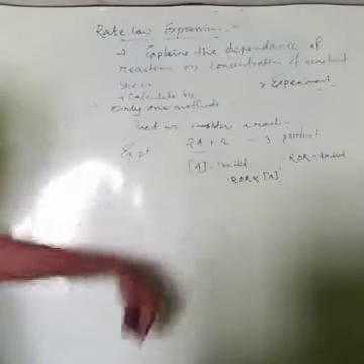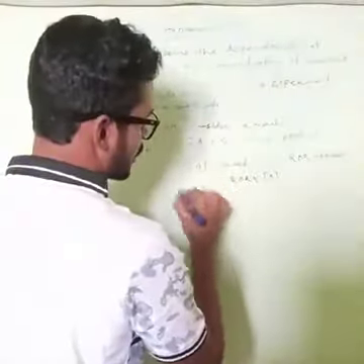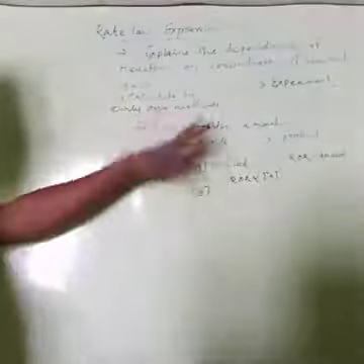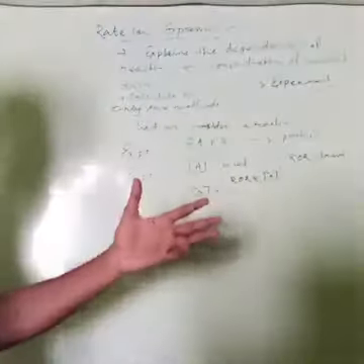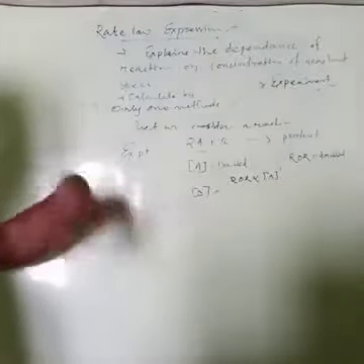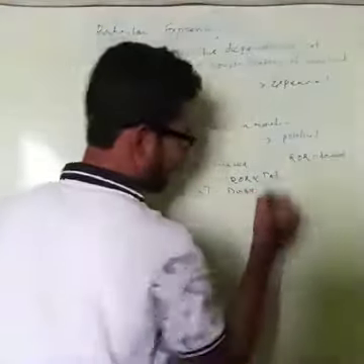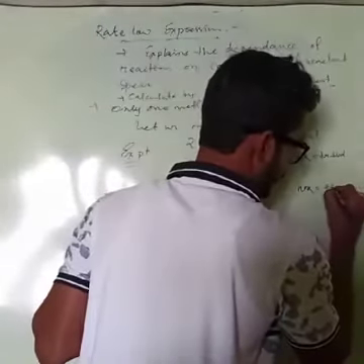Okay. Next, keeping the concentration of A constant, you just change the concentration of B to double. Suppose you got ROR 4 times.